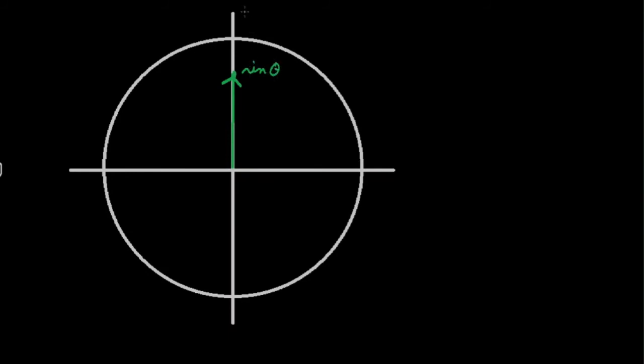Except it's on the imaginary axis. So this is actually I times sine of theta. And we want a real result. So to get a real result, since multiplying by I rotates you 90 degrees anti-clockwise, dividing by I will just rotate you 90 degrees clockwise.